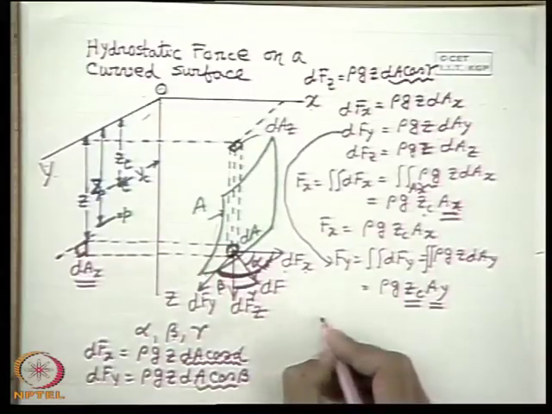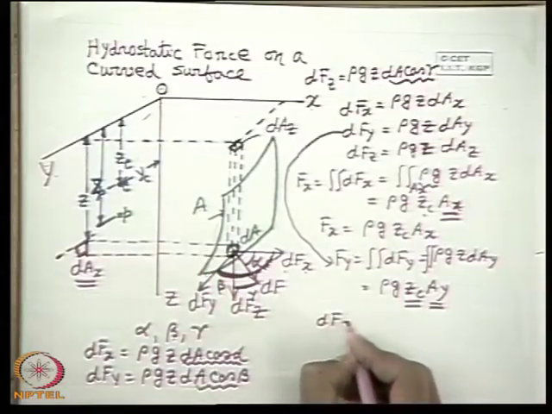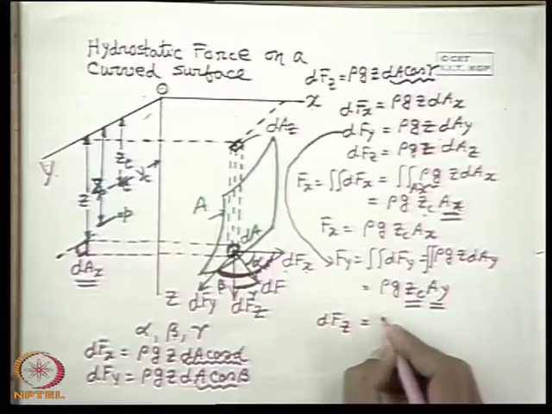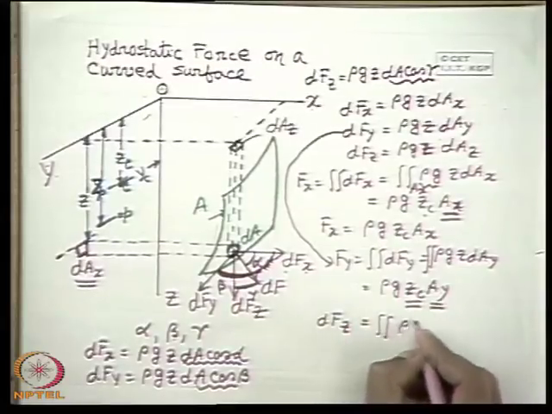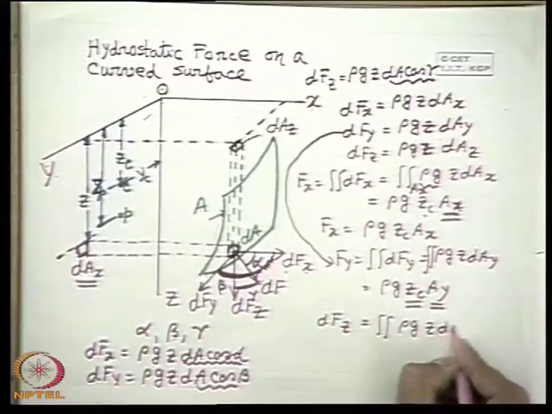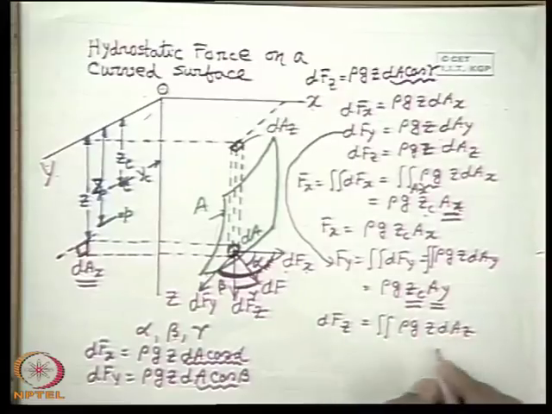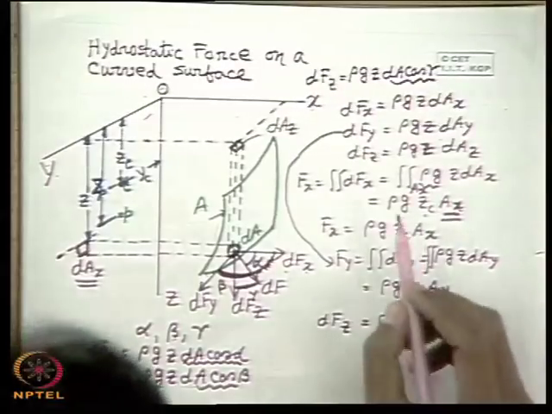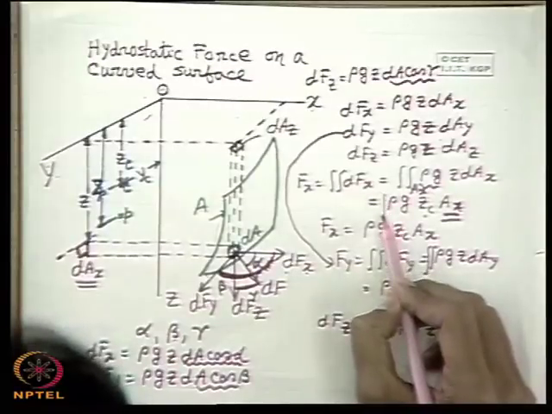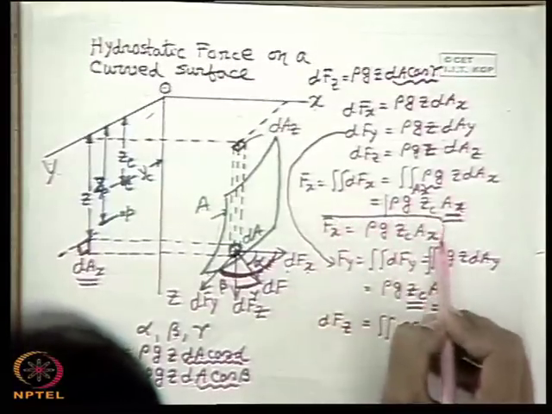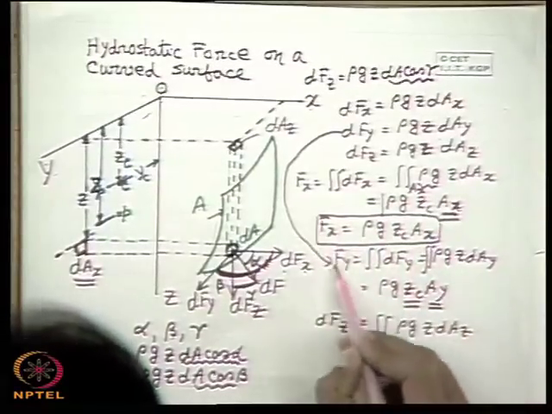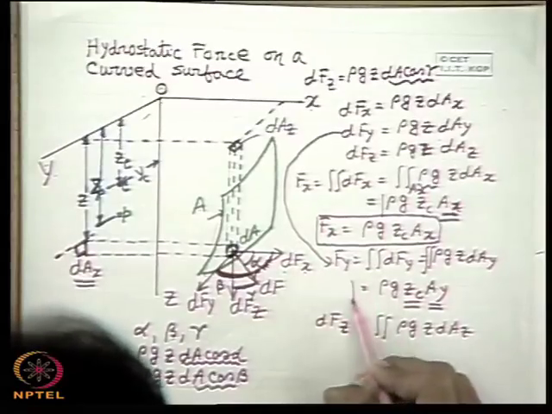And similarly we can write Fz as the integration of rho g z dAz. Now here we stop, we cannot write anything more here. Now two very interesting results come out from this expression for Fx and this expression for Fy.